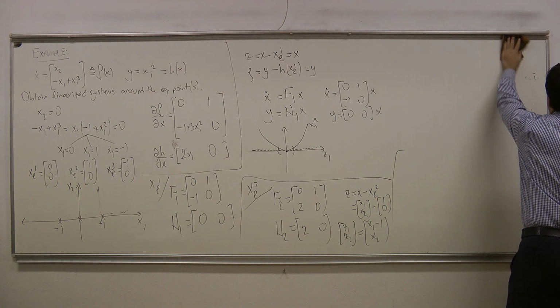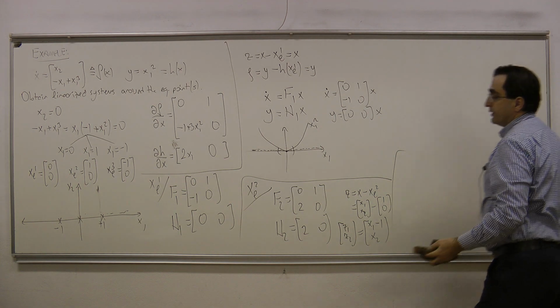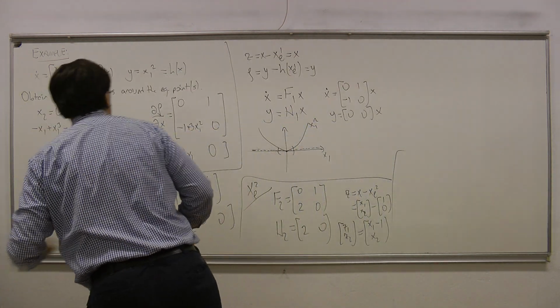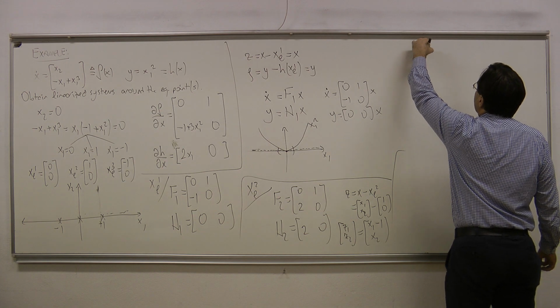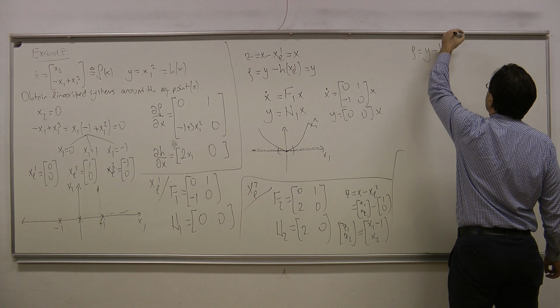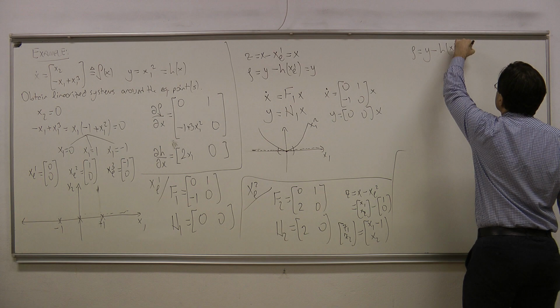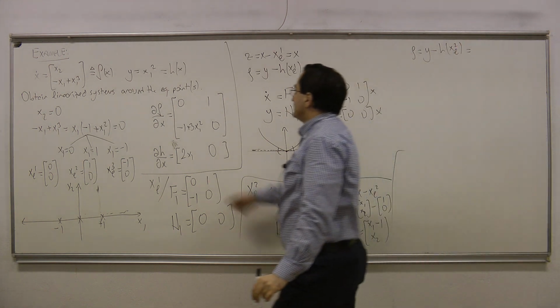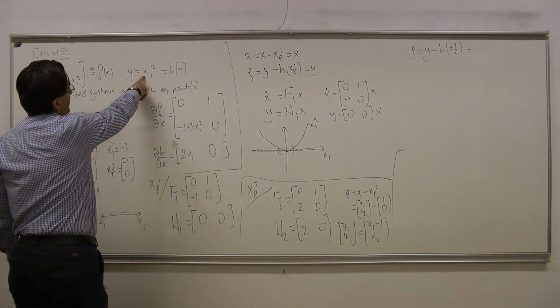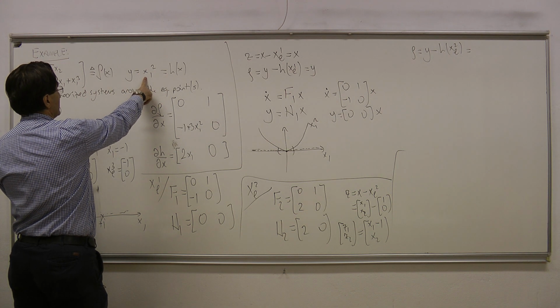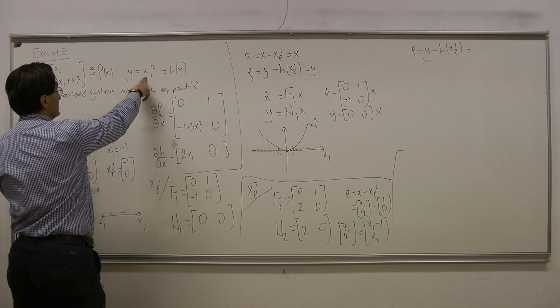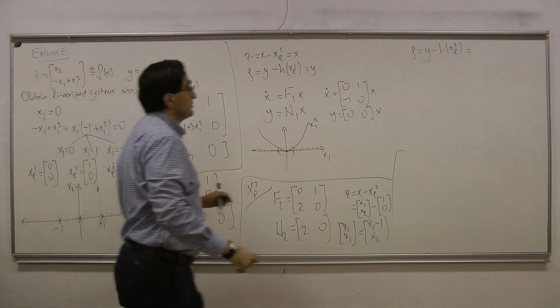And let us define our new output variable. The output variable is going to be rho equals y minus h of XE2. Okay? And h function is this one. So I would substitute the equilibrium point coordinates into this, which is going to give me 1.